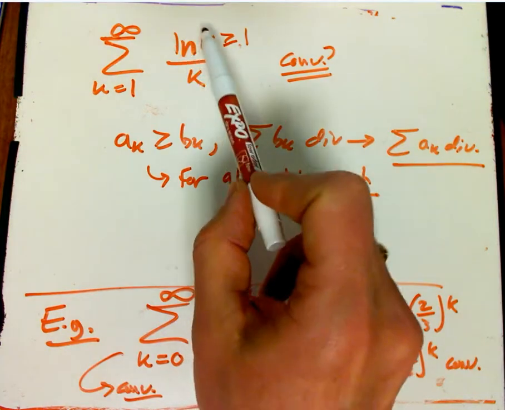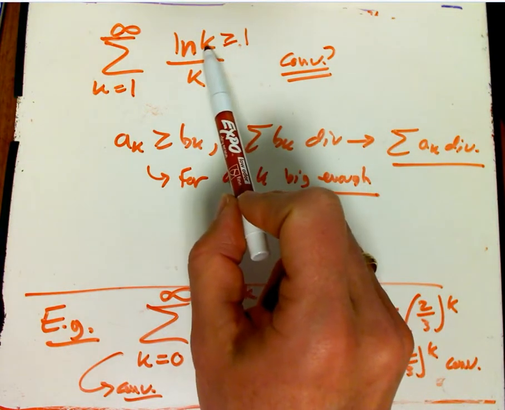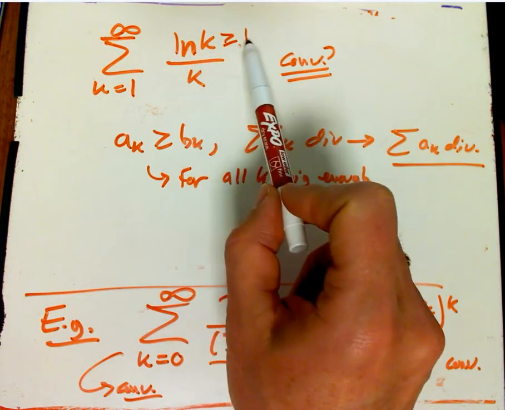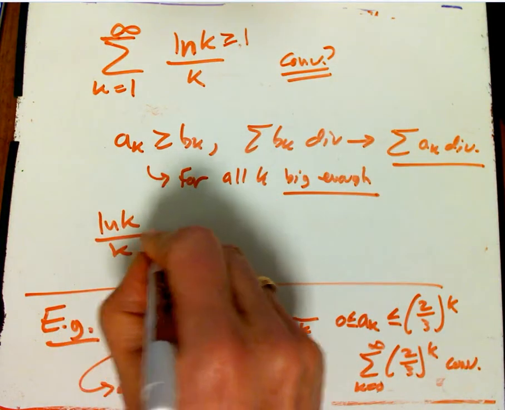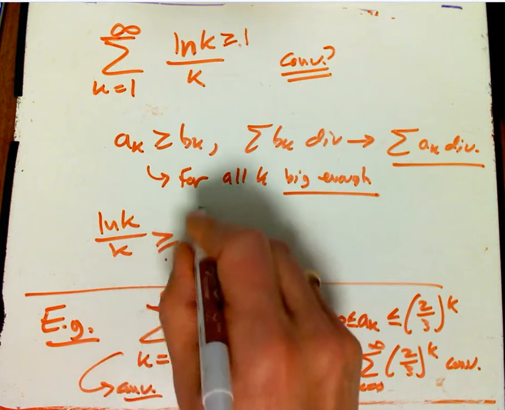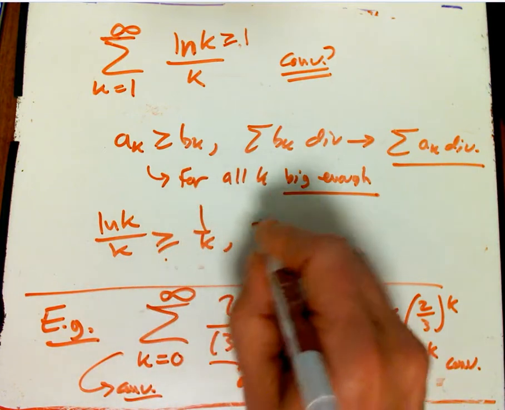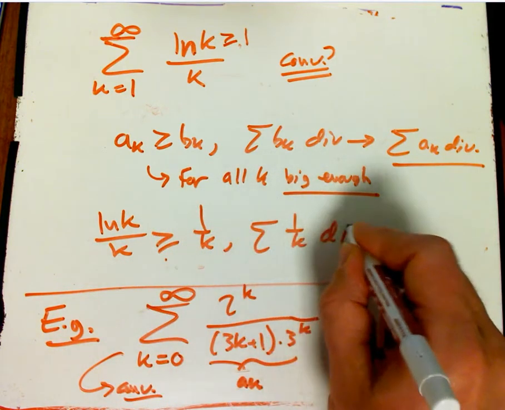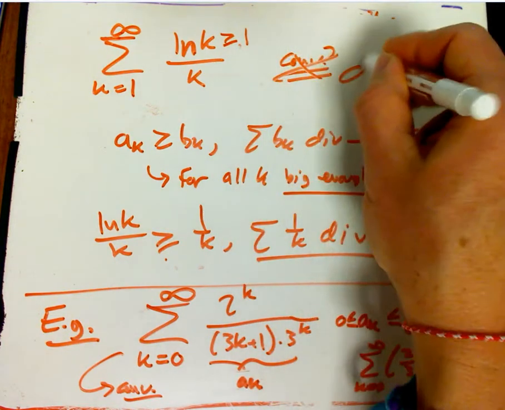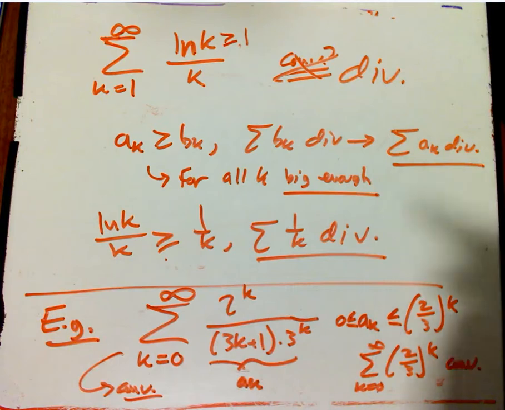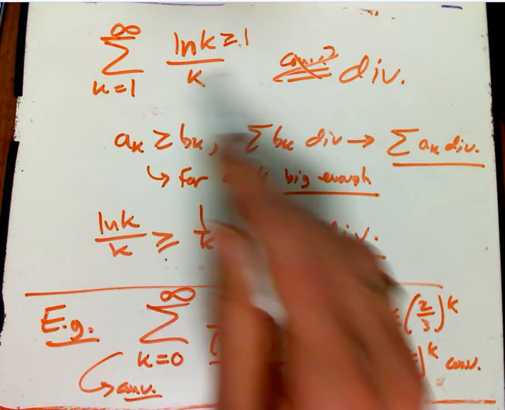So as soon as k is 3 or more, these guys are bigger than 1. So eventually, ln k over k is greater than or equal to 1 over k, and I know that the sum of 1 over k diverges. That's the famous harmonic series. So therefore, this diverges. Man, that's too bad, but that's life.